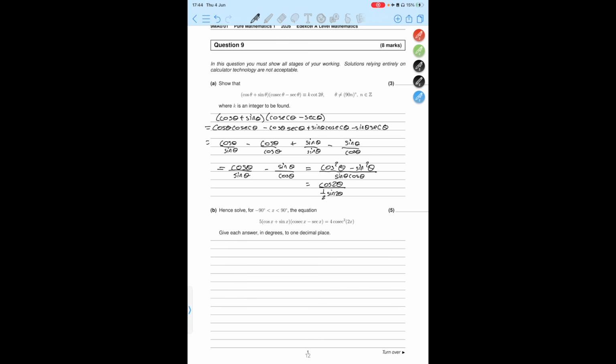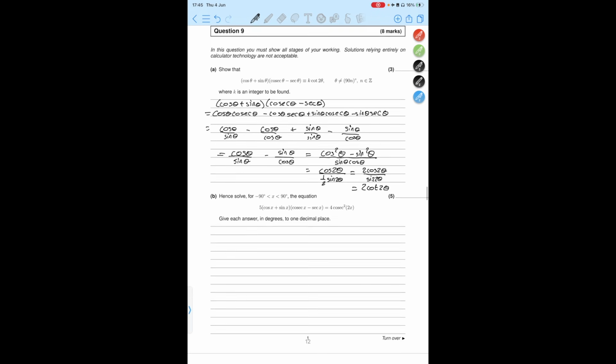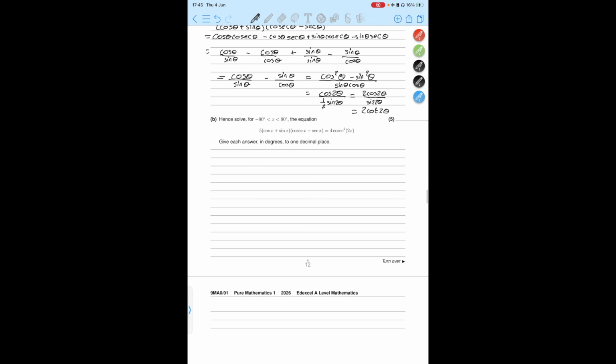So sine theta cos theta is half of sine 2 theta. Now you can see here, I've got 2 cos 2 theta over sine 2 theta. That is equal to 2 cot 2 theta. So here we have k is equal to 2. Okay. So hopefully that makes sense.